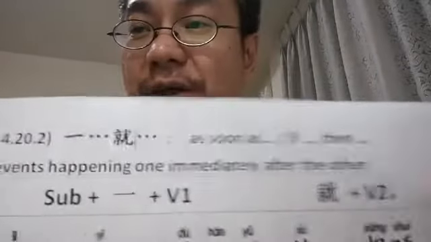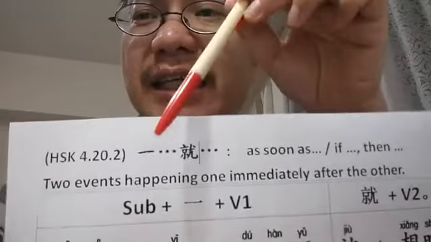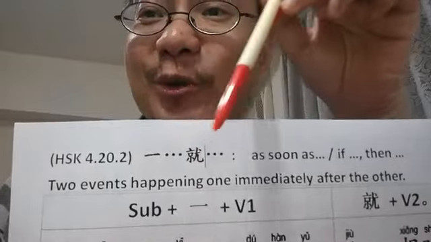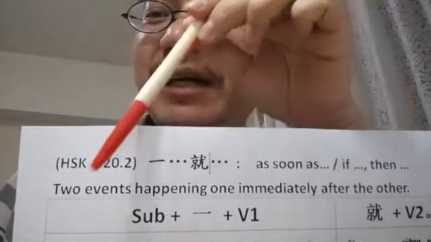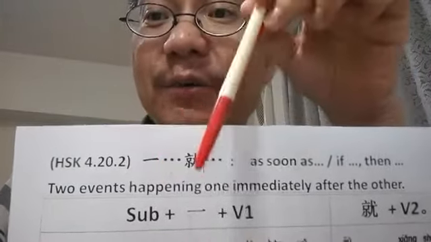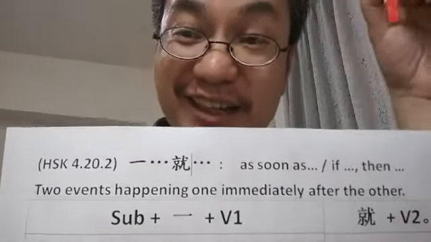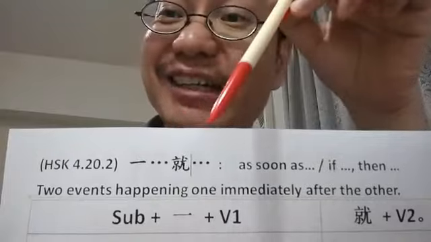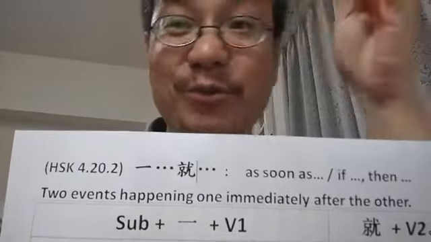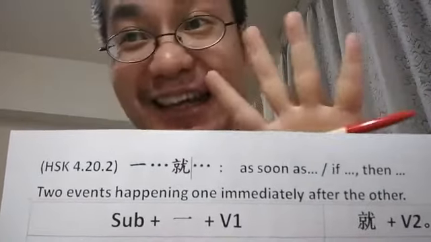So 一 blah blah 就 blah blah is talking about two events happening, one immediately after the other. This is a grammar point in HSK Level 4.